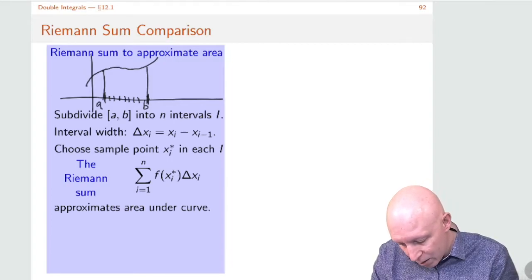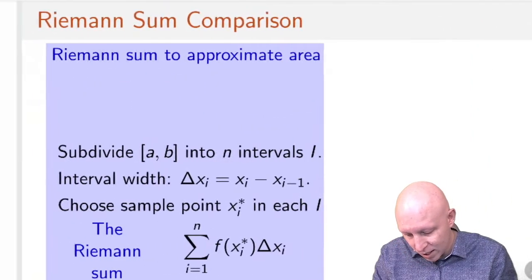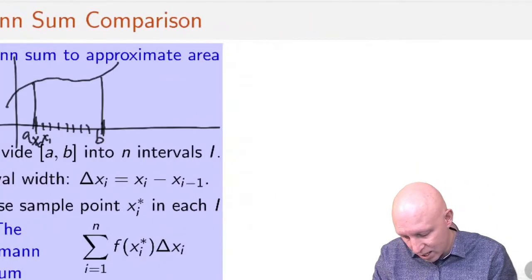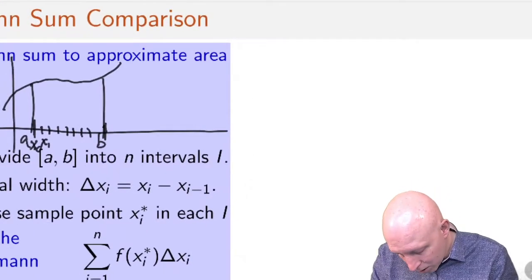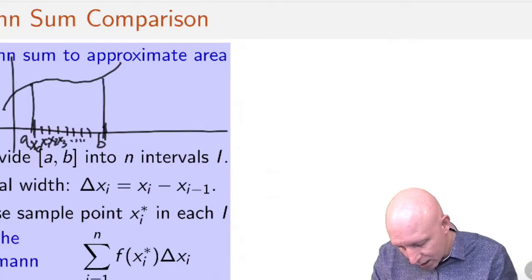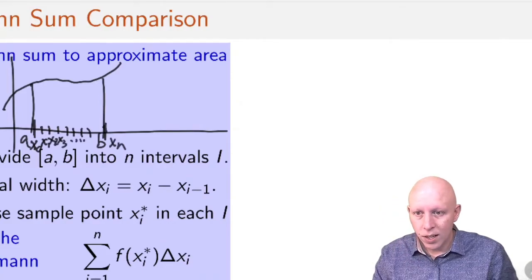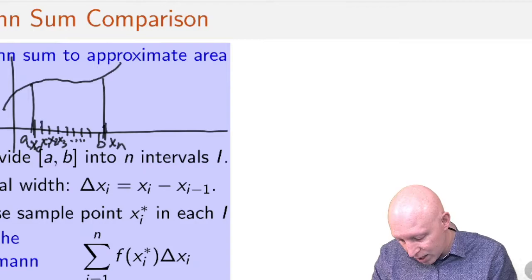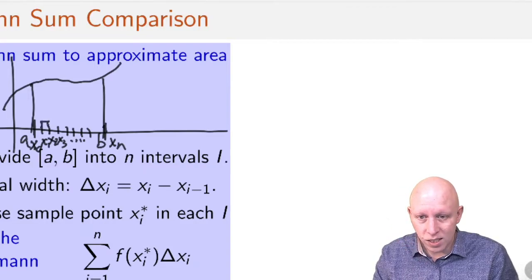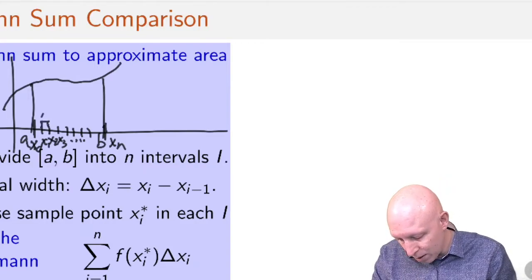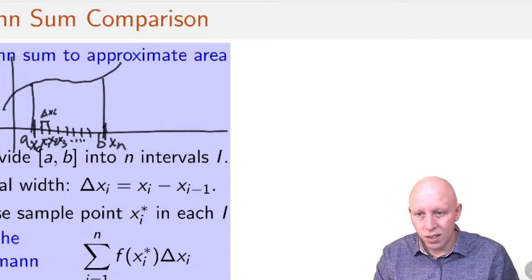We're going to call this a, we're going to call x naught, the next one we're going to call x1. Let me zoom in a little bit here. The next one we'll call x2, the next one we'll call x3, dot, dot, dot, up to xn. And then each of these distances, we'll call them delta xi.